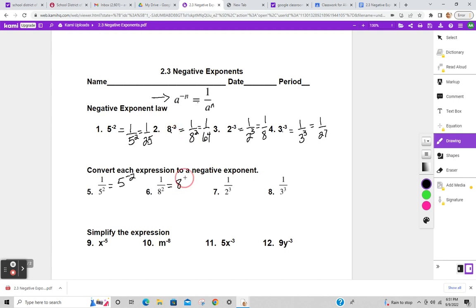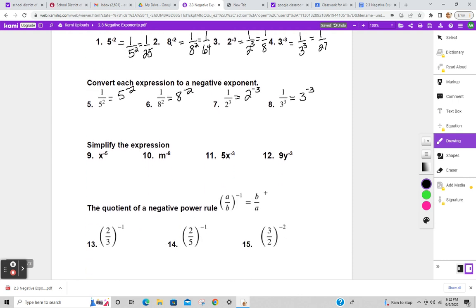So that would be 8 to the negative second power. And this would be what? 2 to the negative third power. And this one? You said 3 to the negative third power. That is correct. So you should be able to go in both directions.